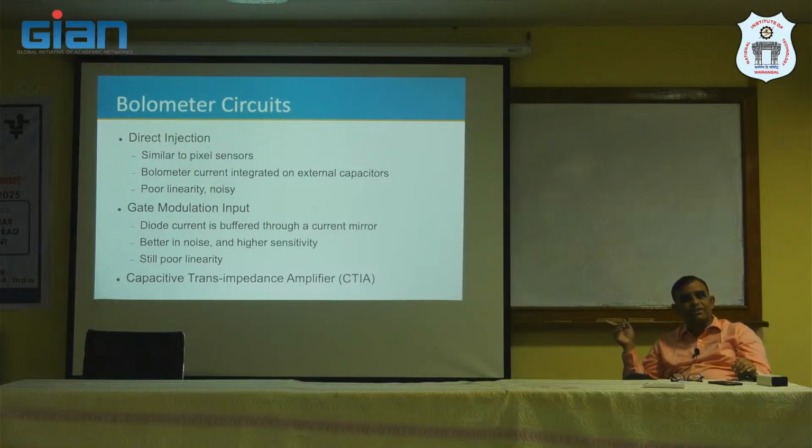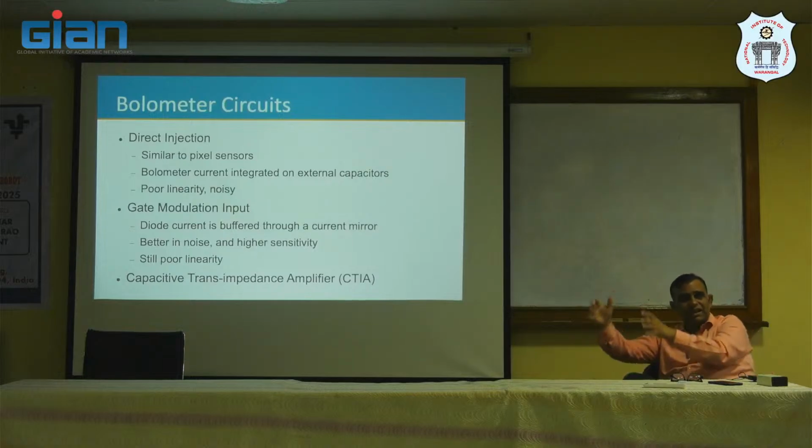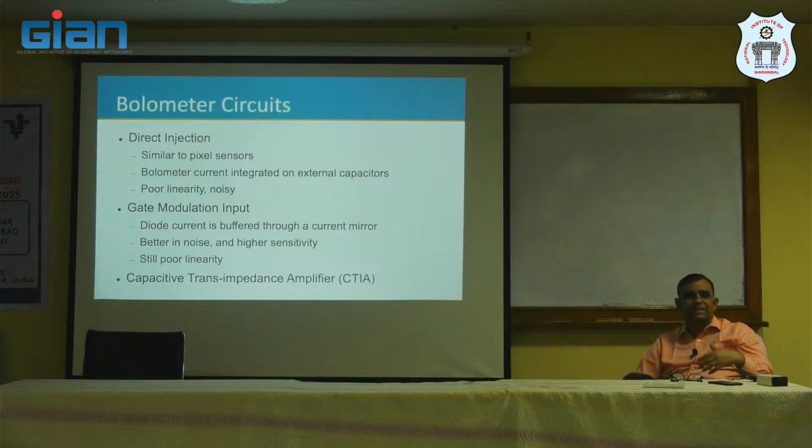All these circuits consume a large number of transistors. A transimpedance amplifier will be about 20 or 25 transistors, so the inherent area will be bigger. So despite the fact bolometers can be made very nicely and smaller compared to others, the individual pixel size is still struggling.